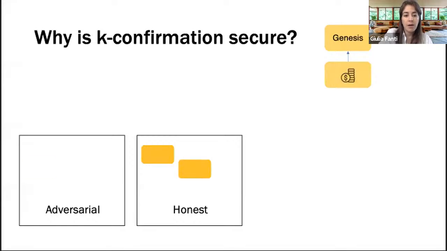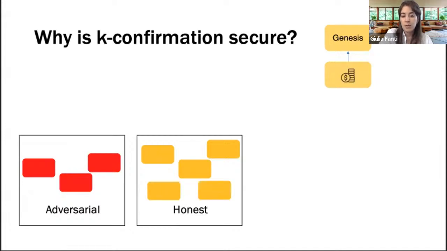The honest party is producing blocks at one rate, which is faster than the rate at which the adversary is producing blocks. And the key insight here is that in order for the adversary to overtake or to reverse an honest transaction, they need to produce a longer chain than what the honest guys have.